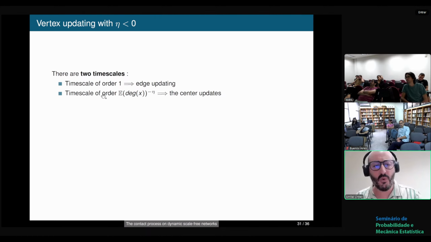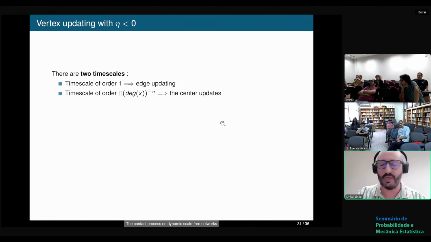Now, when eta is more than 0, you see two time scales. A time scale of order 1, in which you see edge updating, because the stars are mostly frozen, so all the surrounding vertices are the ones that are updating. Because these vertices are updating, it's the same as if the edge was updating. However, in the time scale of the updating of the central vertex, you see center updating.